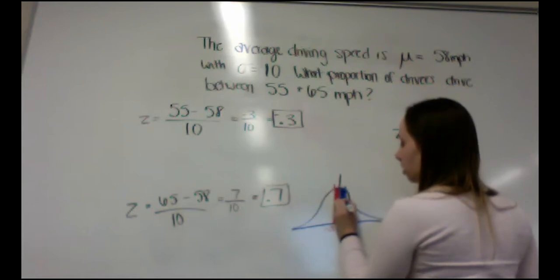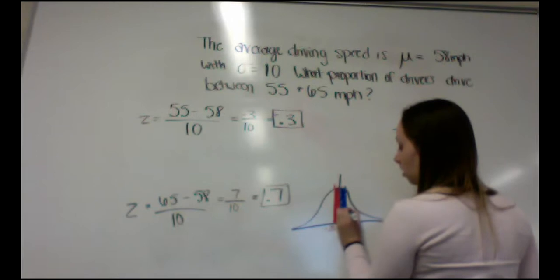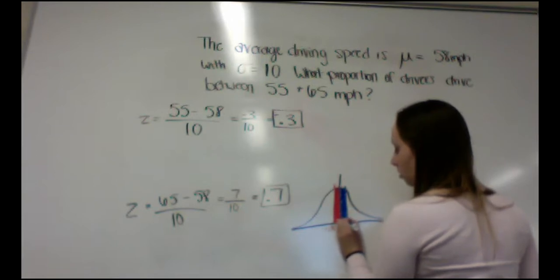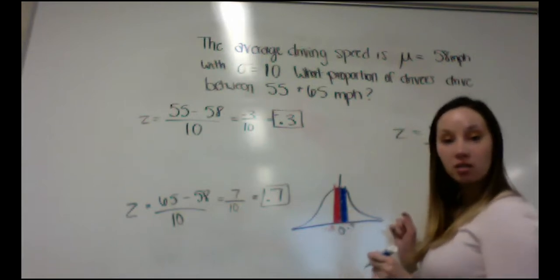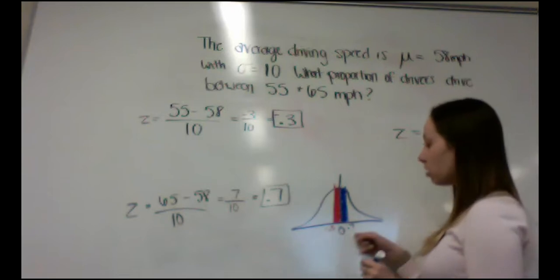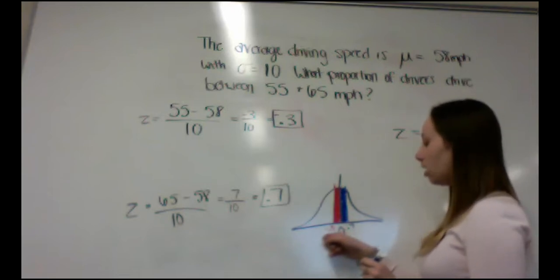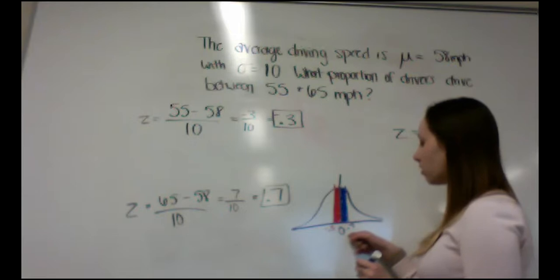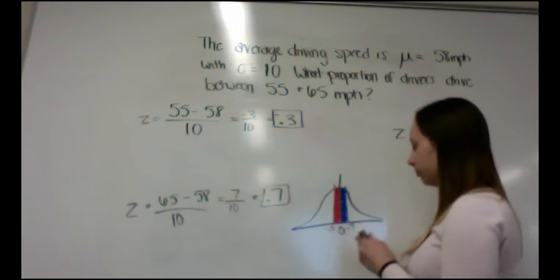So find mean to z for both of these scores: mean to z for 0.3 and mean to z for 0.7 and add them together.